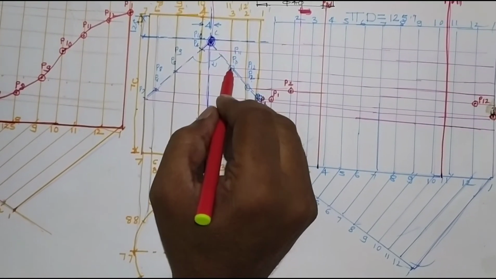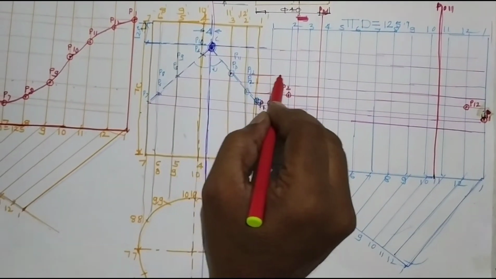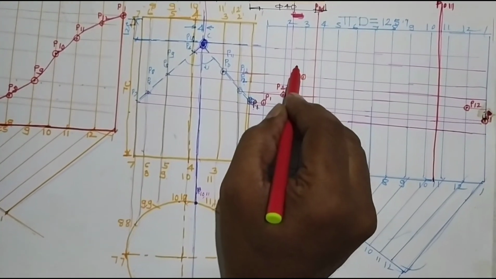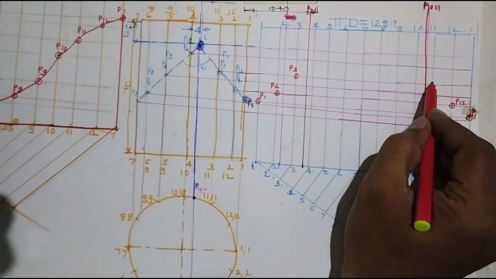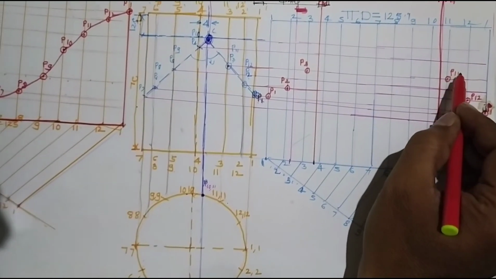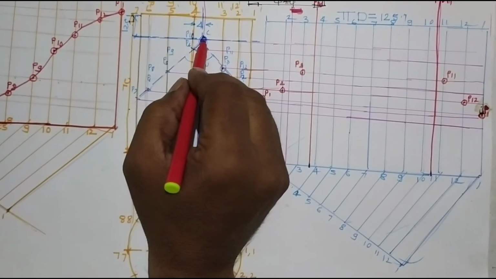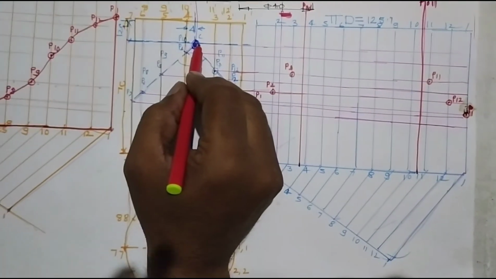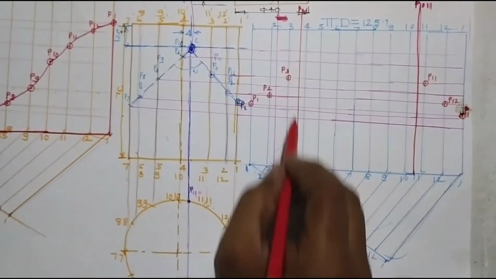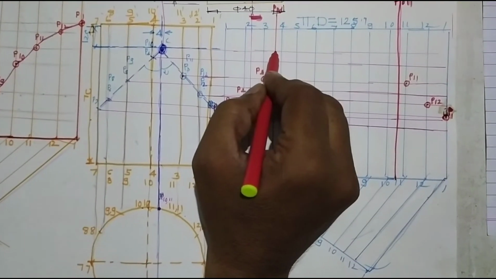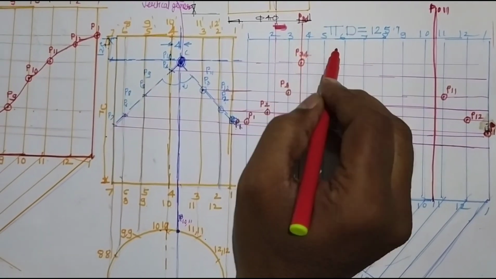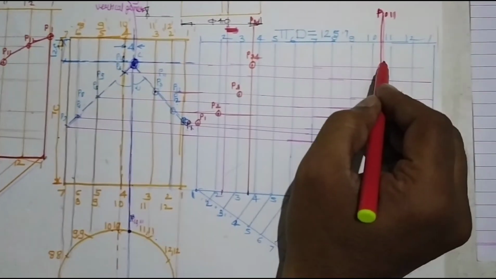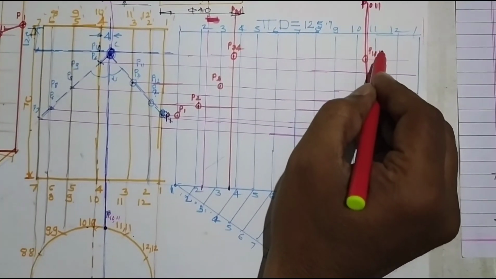This line is P3 and this line is P11. This is the point, the C point. Here is the line we have created for this point, that is P3-4. This is the point P10-11.